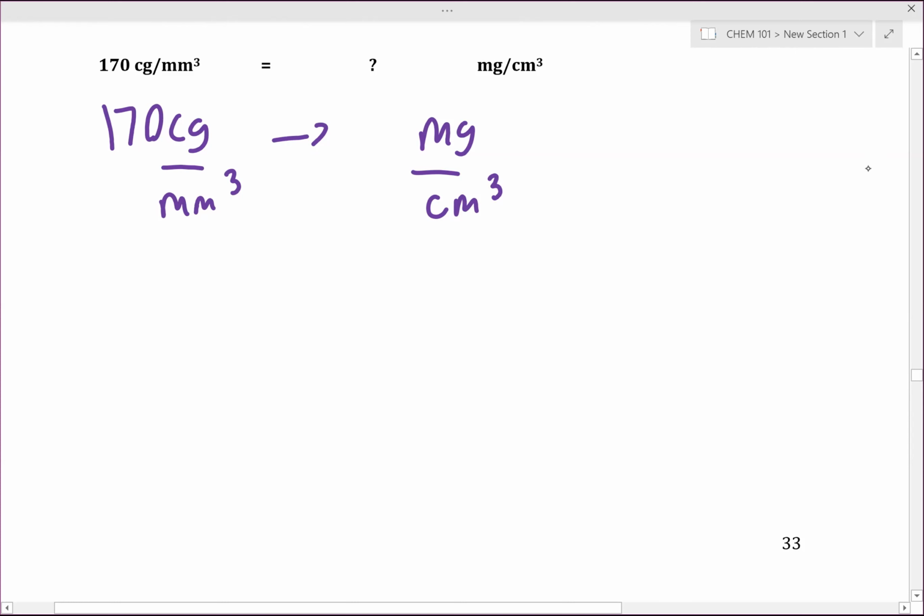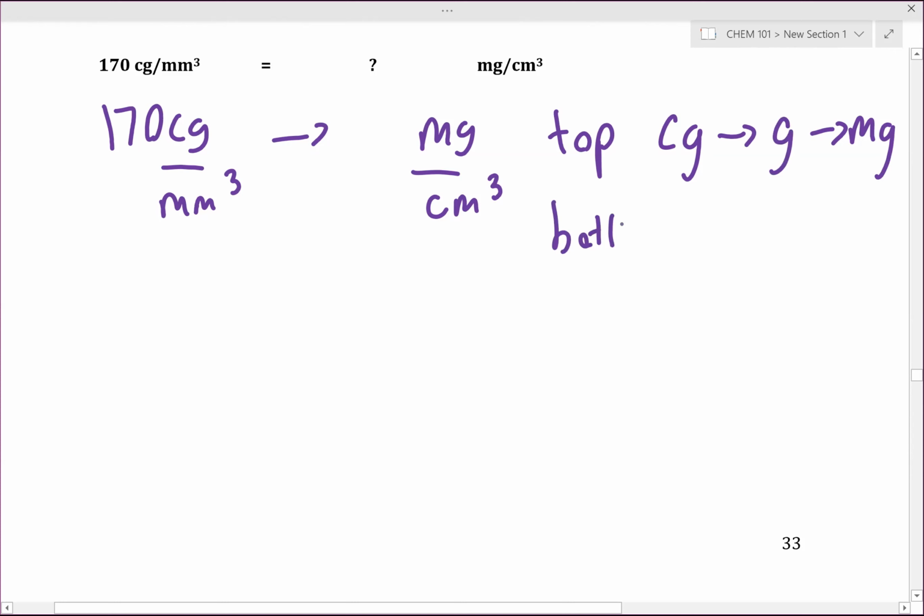So on the top, what units are we starting off with? Centigrams. Okay, and what units are we trying to reach? Milligrams. What's our intermediate unit, our base unit? Grams.